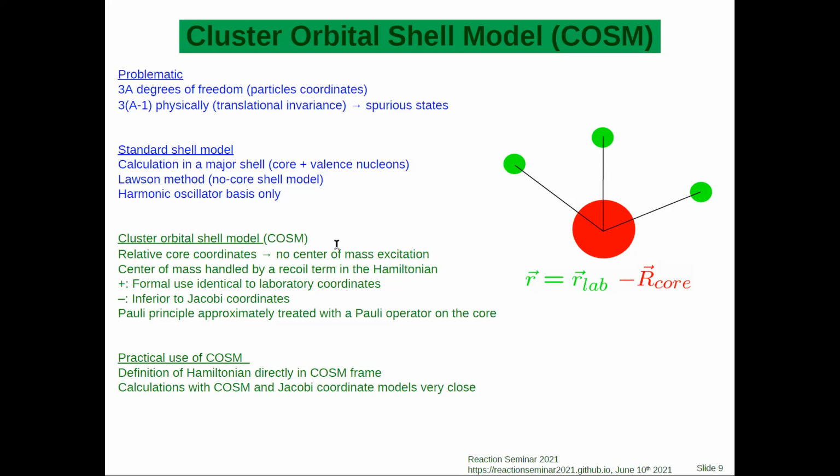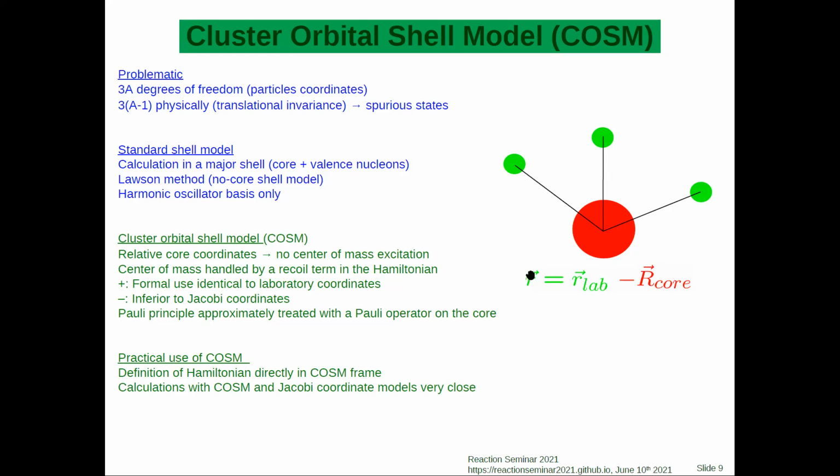For this, we no longer consider laboratory coordinates, but we consider cluster shell model coordinates here, which are the difference between laboratory coordinates and core coordinates. For this, one needs a frozen core, where one has nucleons which are occupying one-body states. They are frozen and they define the core.